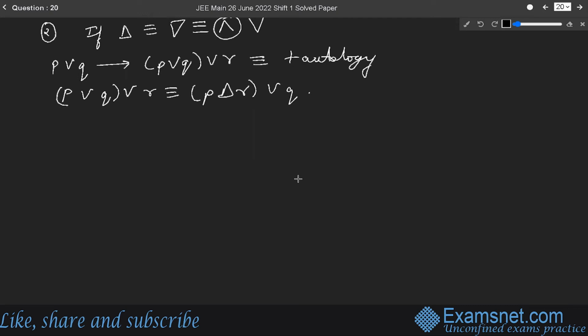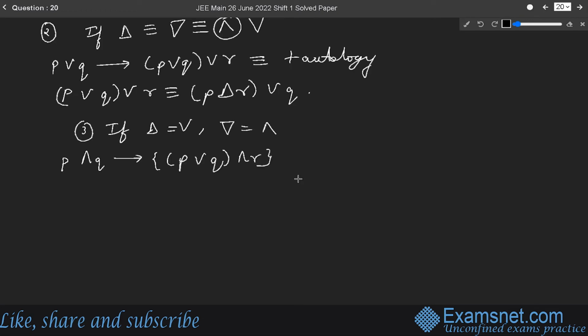Now, let us talk about case third, which is if delta is equal to this and reverse of delta is equal to this, then we can say that the relation between P and Q will be defined in this way. Now, this cannot be a tautology because if P and Q are true, then R will be false.